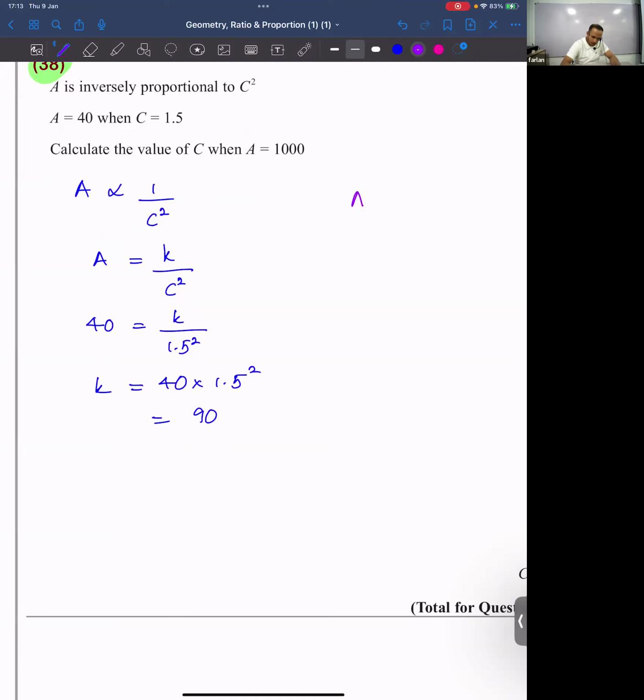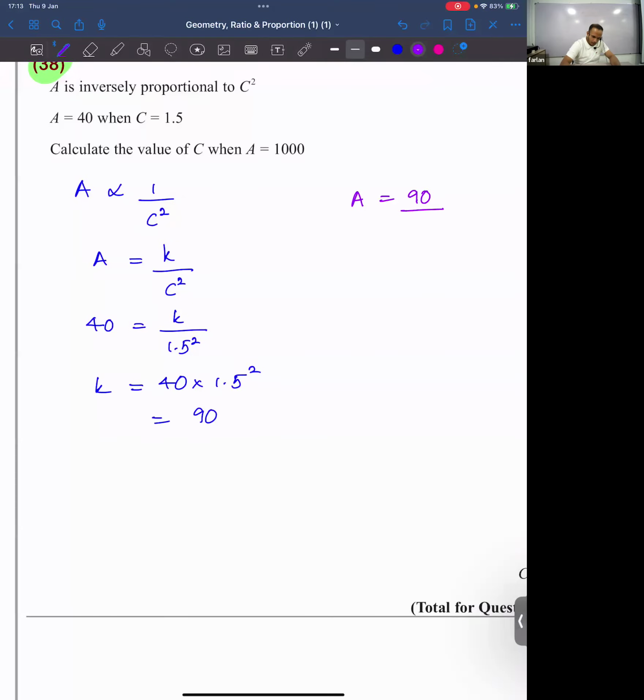Now we can rewrite this equation. A equals K over C square, A equals 90 over C square. Now the question is to calculate the value of C when A is 1000. Substitute A equals 1000. 1000 equals 90 over C square. Cross multiply. 1000 C square equals 90. C square equals 90 over 1000.